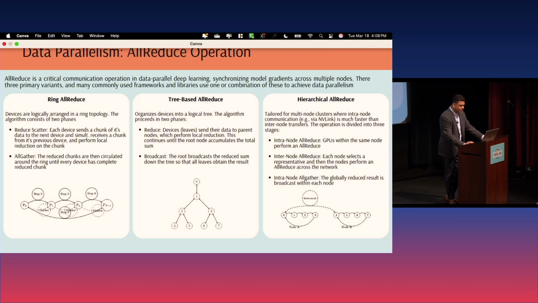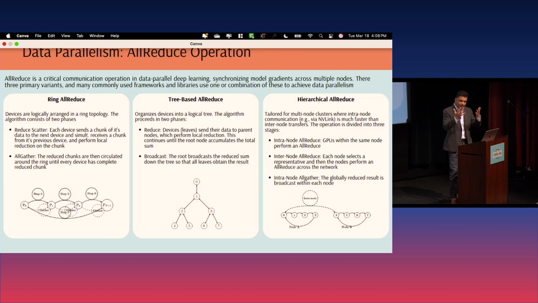The second approach is a tree-based approach. The idea here is that, conceptually, from a tree standpoint, every leaf, or every device if you were to imagine, passes its data to the parent. Once the data is received, there's a local reduction that happens.